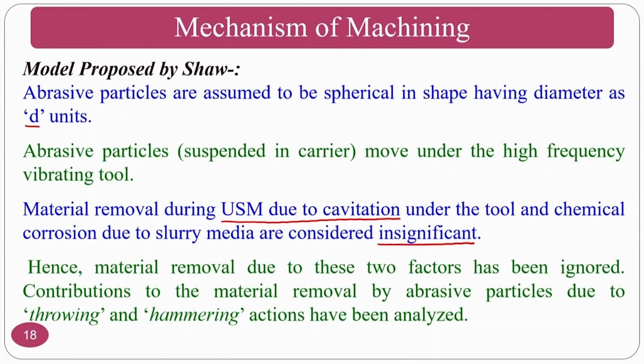Hence, the material removal due to these 2 factors has been ignored. The contribution to the material removal by the abrasive particles due to throwing and hammering actions has been analyzed. Whenever you consider the chemical corrosion as well as the cavitation to be negligible, then the only options are mechanical, that is, throwing and hammering actions are analyzed.